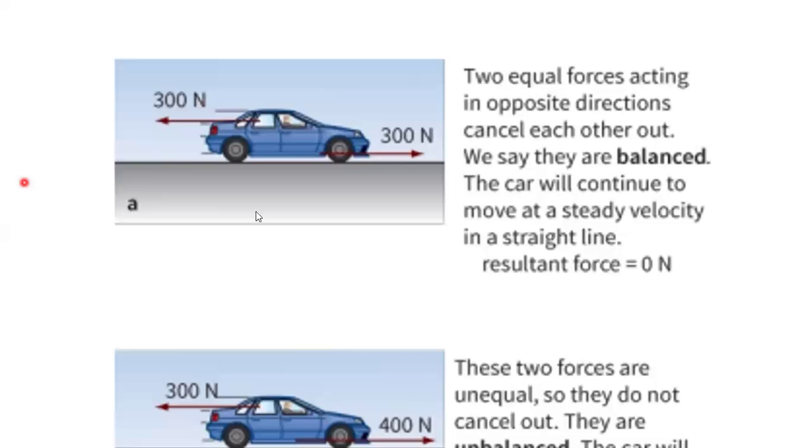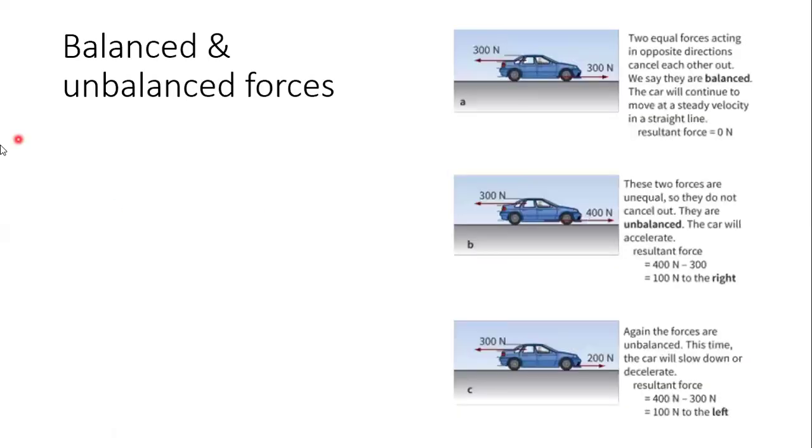If you cannot understand what I'm saying, I can just draw this. So let's say this is a book on the table. Two forces are applied in opposite directions. Here it is 10 newtons, and here it is also 10 newtons. All right.